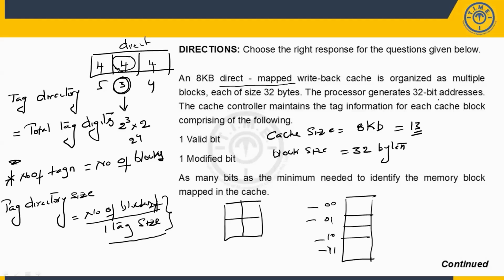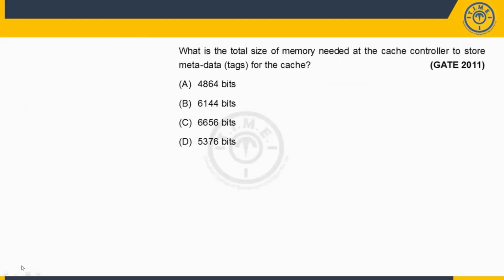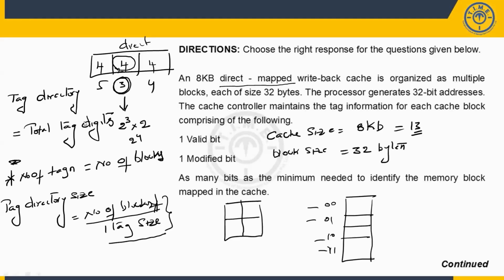The process generates 32-bit addresses. So I'll put it here. Size of the address is 32, and cache size is equal to 8 KB.